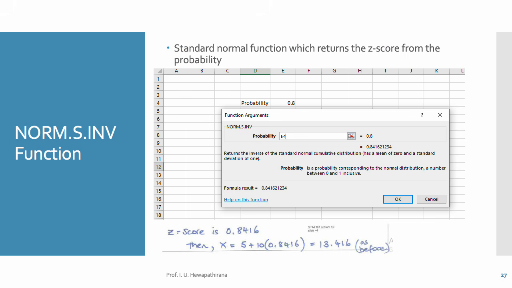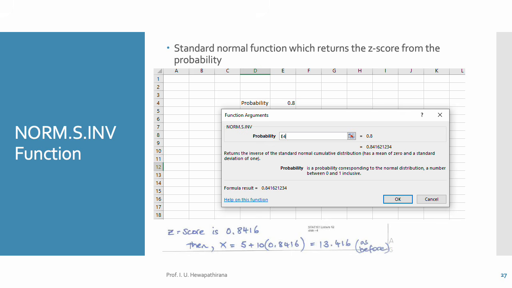Instead of the X value, you can also find the Z value corresponding to that probability. To find the Z value, you type in Excel norm.s.inv. So the only parameter that you have to enter for that is the probability.